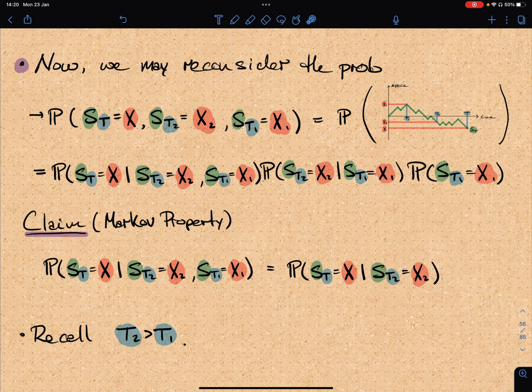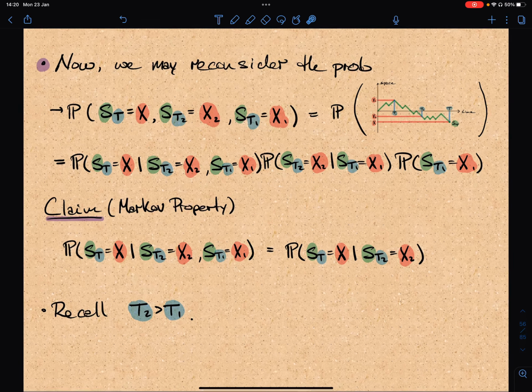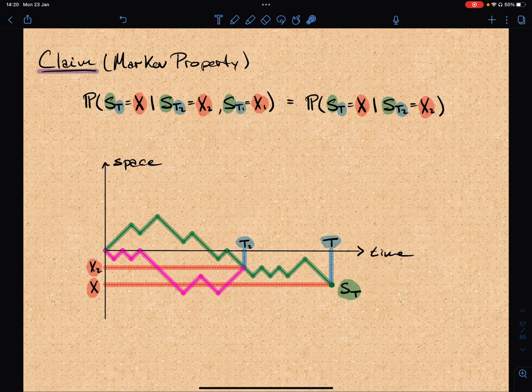So in this Markov property, which I'll define more precisely in the next lecture, this is a specific version of the Markov property. In this case, it's important that t2 is greater than t1: the smaller time is the one that gets crossed out. If we try to digest what it's really telling us, it's that this probability, conditioned on these two events, is independent of the earlier event.